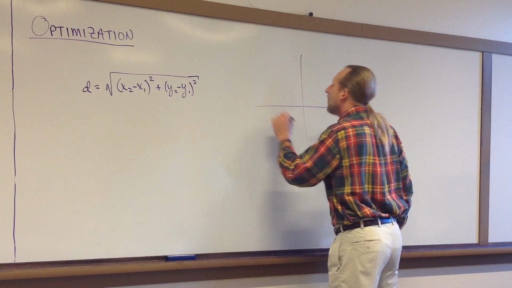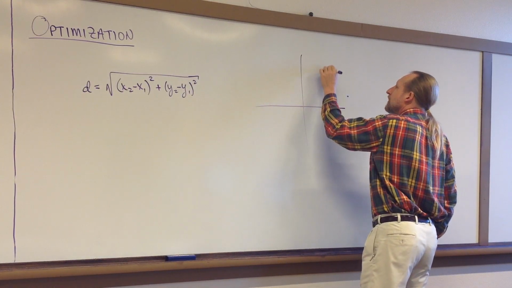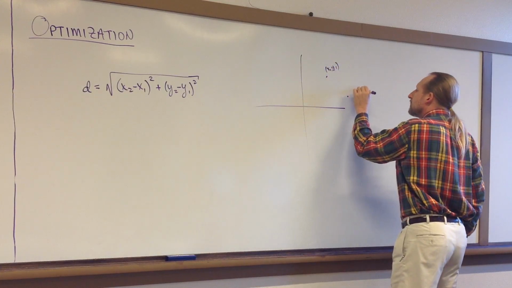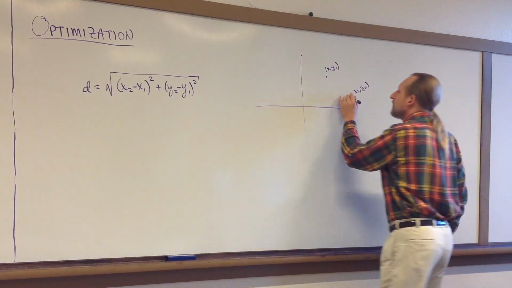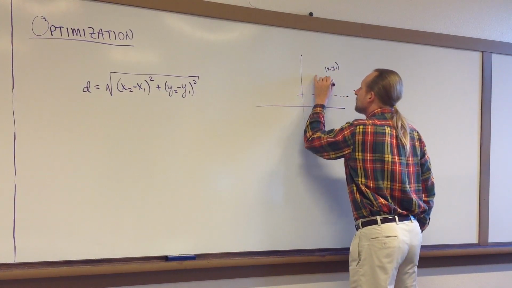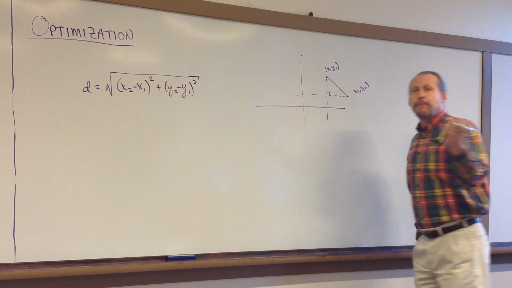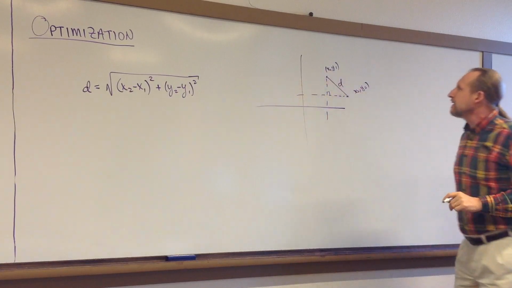I like to talk about what they mean and where they come from. So, here's one point, x1, y1. Here's the second point, x2, y2. The distance between them can be thought of as the hypotenuse of a right triangle. Here's D right here.